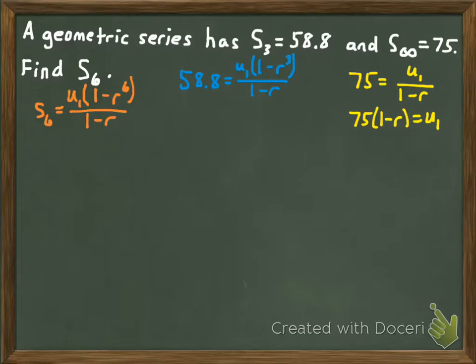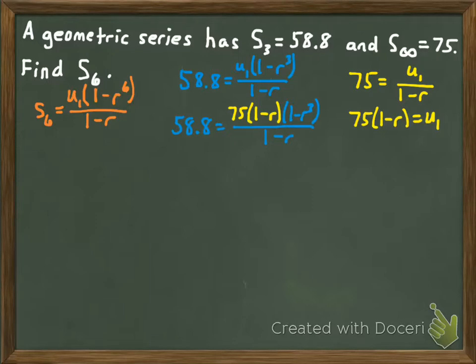Then I can come over here, and in the other equation that involves S sub 3, I can write 58.8 equals, and then here's where I'm going to substitute. Instead of u sub 1, I'm going to write 75 times 1 minus r. And then I'll still have the 1 minus r cubed over 1 minus r.